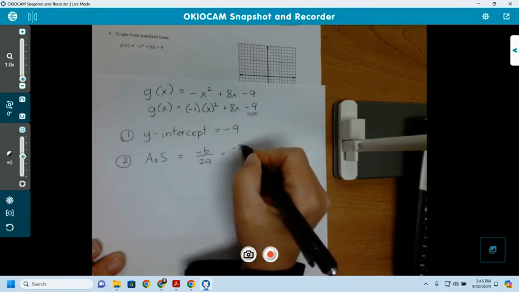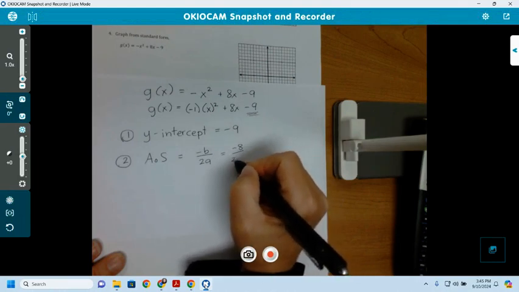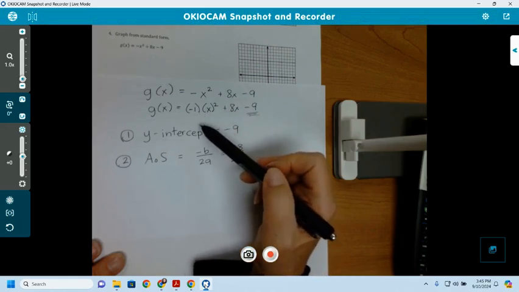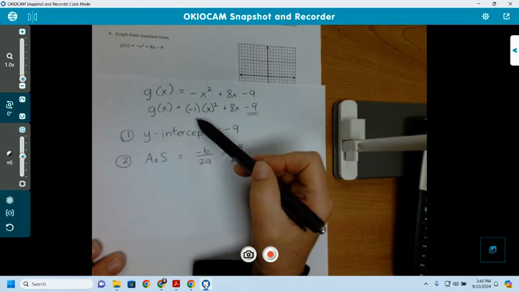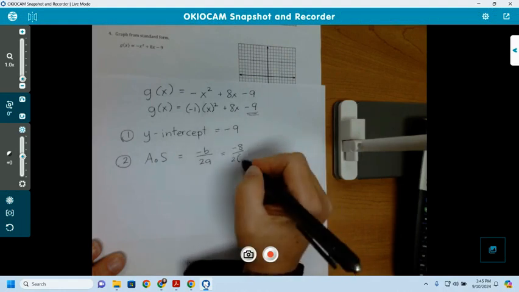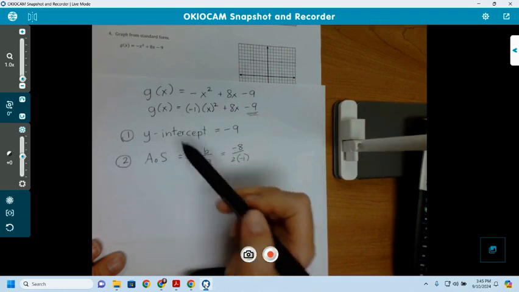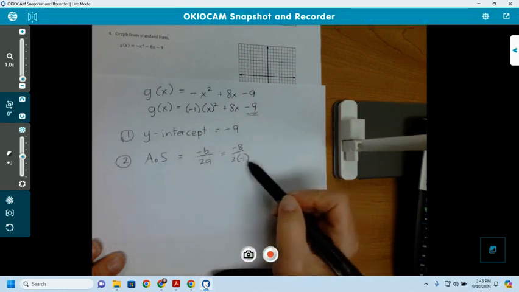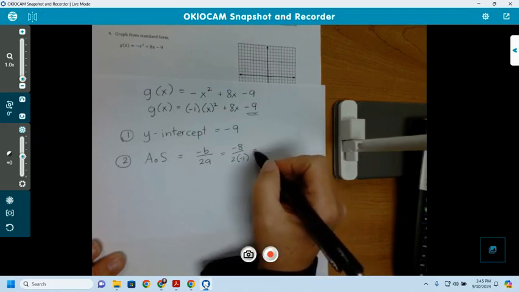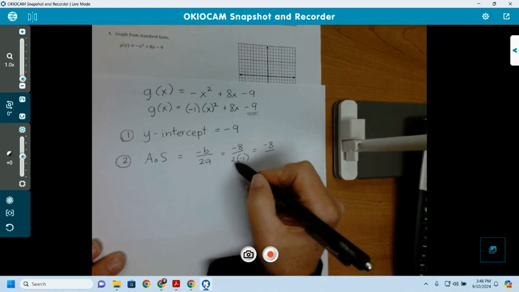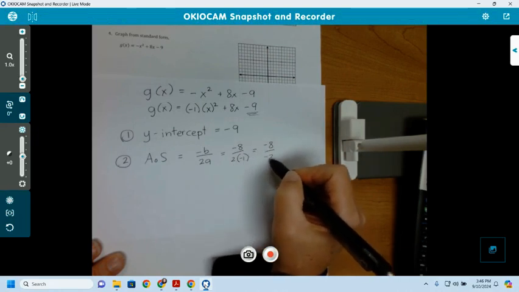So that's negative 8 over 2 times, and what is a? A is equal to negative 1. That's why I had you rewrite that negative as a negative 1 to help you pick out what a was. That means we have negative 8 over 2 times negative 1, which is negative 2.